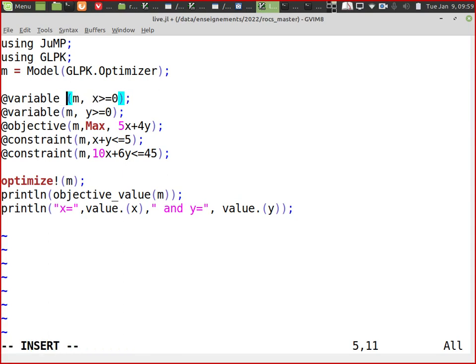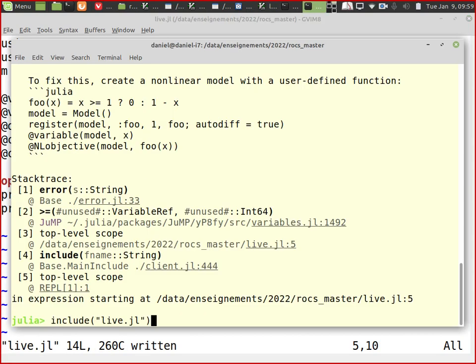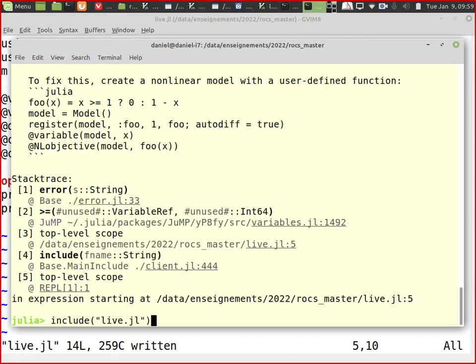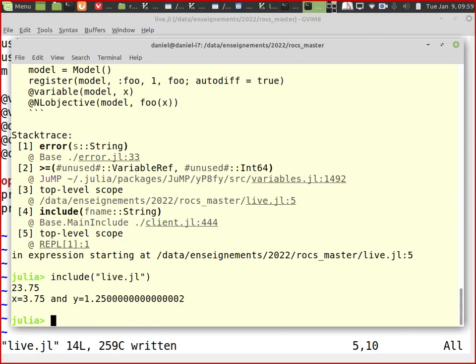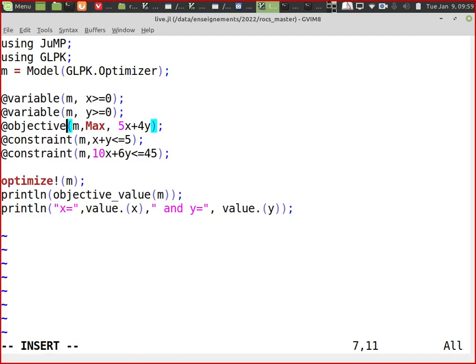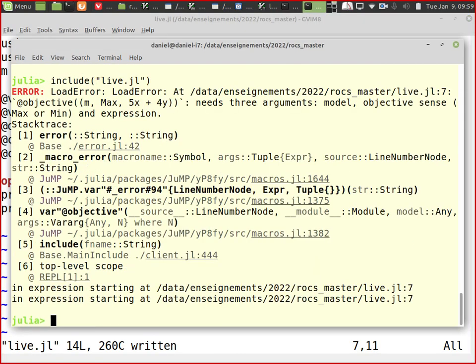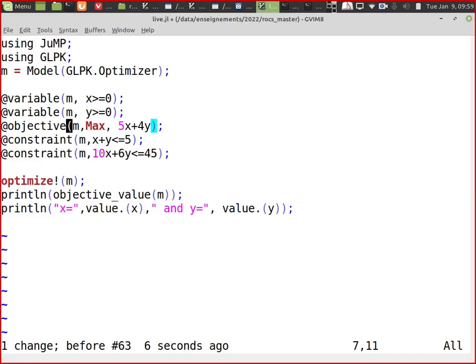I have an error. You see, just a space here, and you have an error. I cut the space. There is no error. Same for objective, problem, same for constraint.